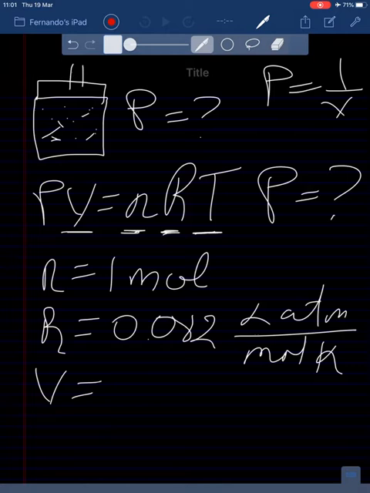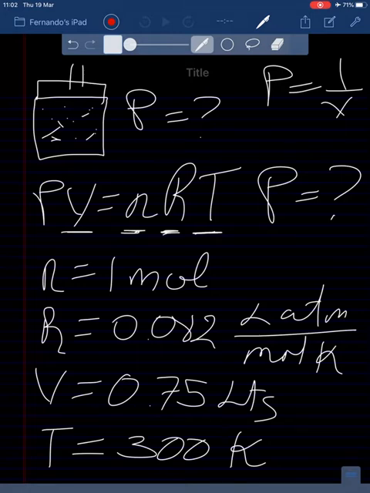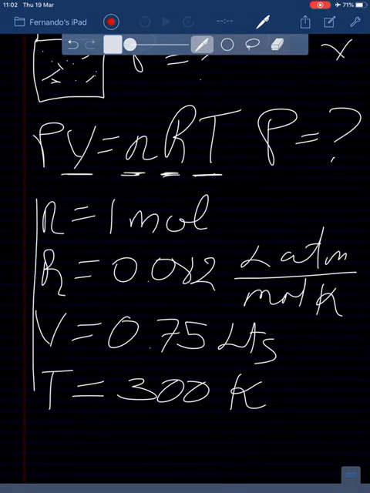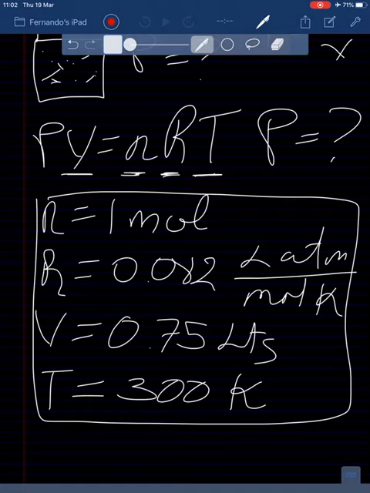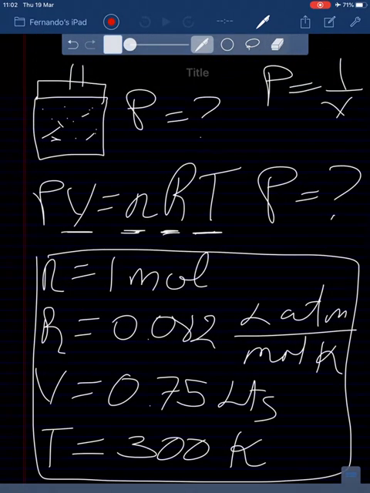The volume is going to be 0.75 liters, and the temperature is going to be 300 Kelvin. So all of these conditions are the ones that I have specifically to contain my gas in this piston.